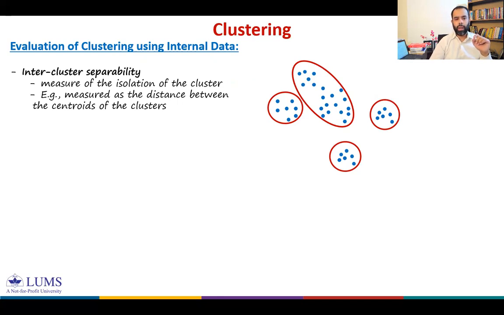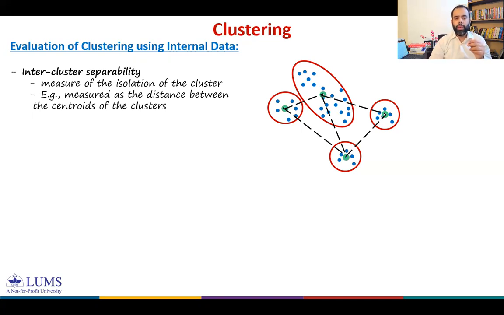We will define centroid shortly, but center means the average of all of the data points inside one cluster. Say for these clusters, these are the centroids, and we can define the distance between these centroids as a measure to evaluate the performance of clustering. So these distances would quantify intercluster separability.